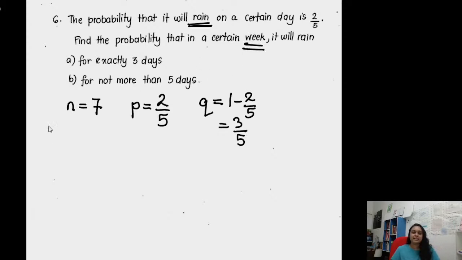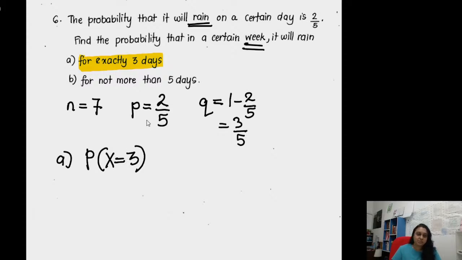Okay. Now let's do A. Cari kebarangkalian akan hujan untuk 3 hari. For 3 days. So your probability X sama dengan 3. Okay, so this is your R. So let's tulis the formula. Teacher writes it out for you all here.